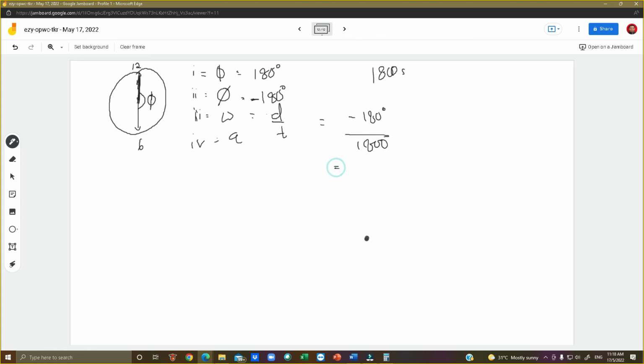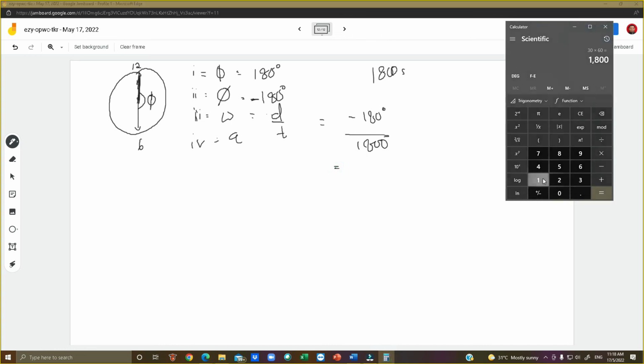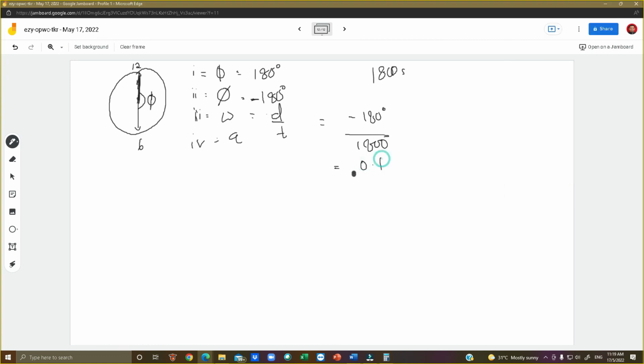Dah buat berapa tu? 0.1. Okay. The velocity is negative 0.1 degree per second.